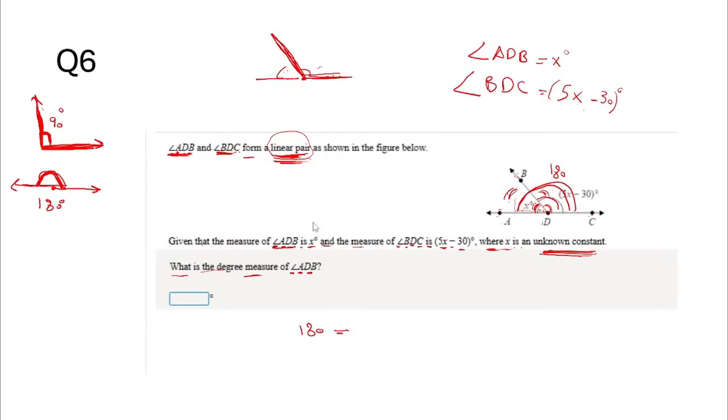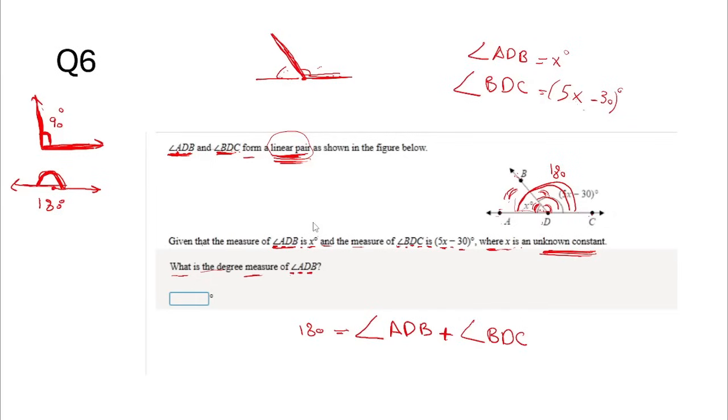It means 180 equals angle ADB plus angle BDC.